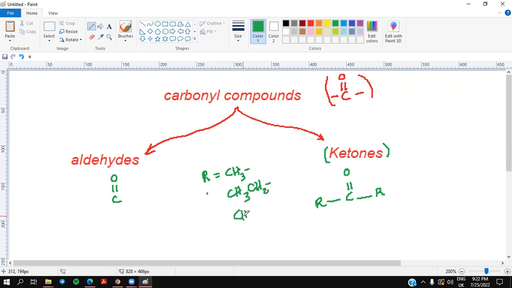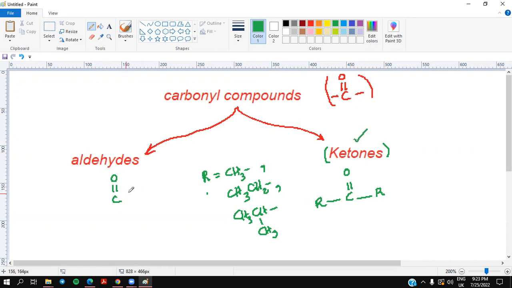And it can be CH3CH. It can be something like this also. Anything. They are called alkyl groups. So if the carbonyl functional group has two alkyl groups on either side, they are ketones.